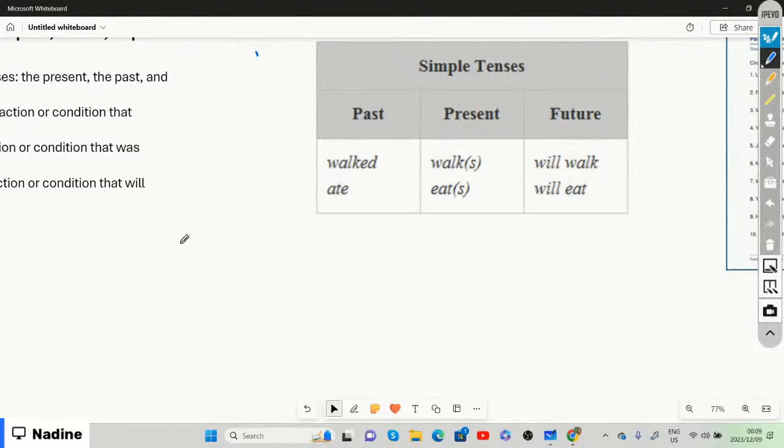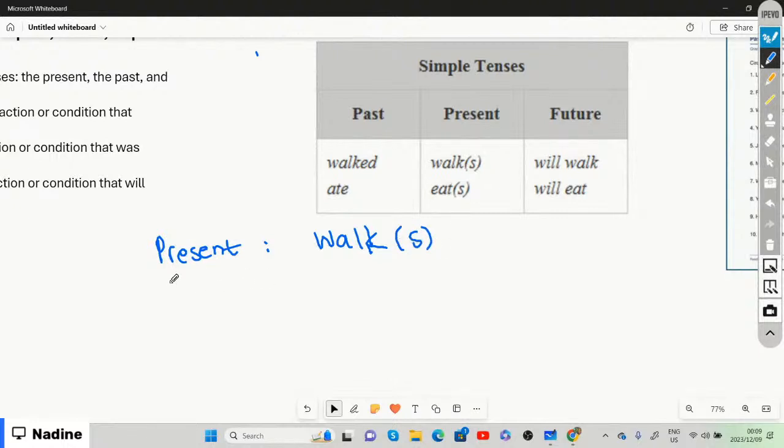So which means that now, in the present, we can say the person walks. So it's either you walk or we can say walks.